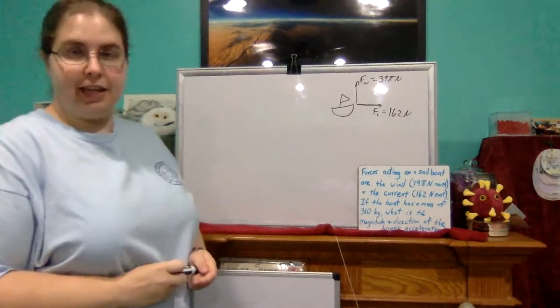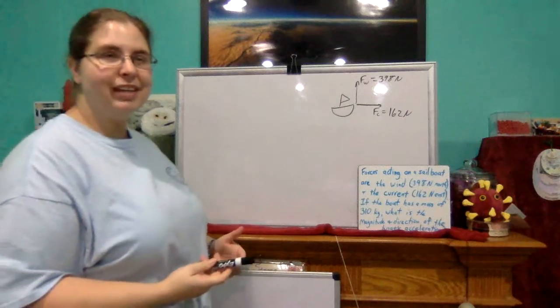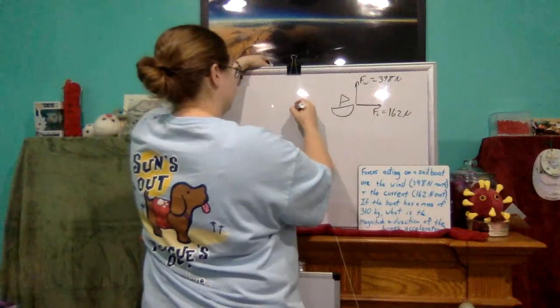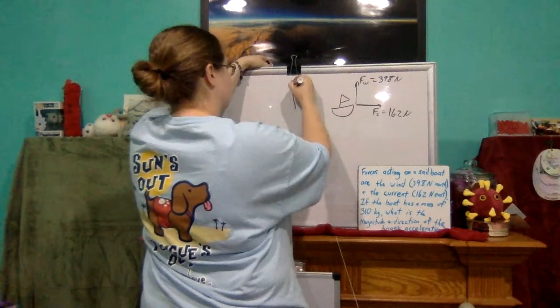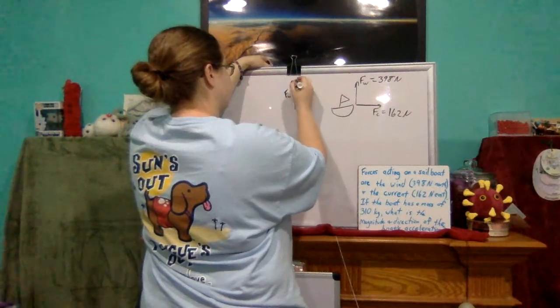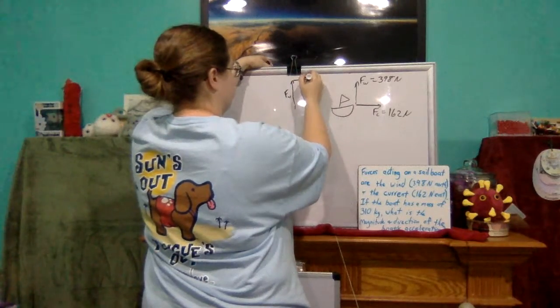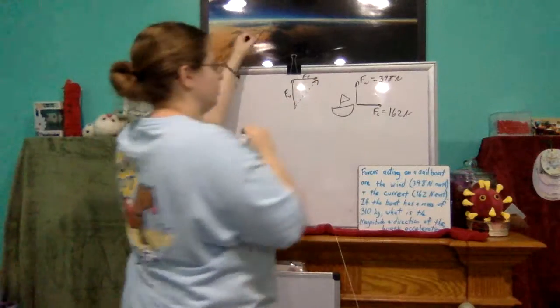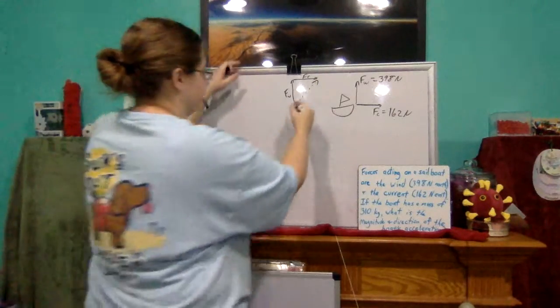This kind of looks like an X and Y component that we have to figure out the resultant for. So I'm going to redraw this to make it a little bit easier. So we have the force of the wind, the force of the current. That should be our resultant force right here.